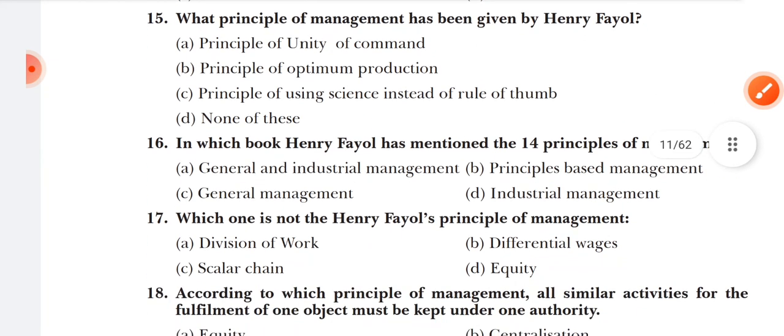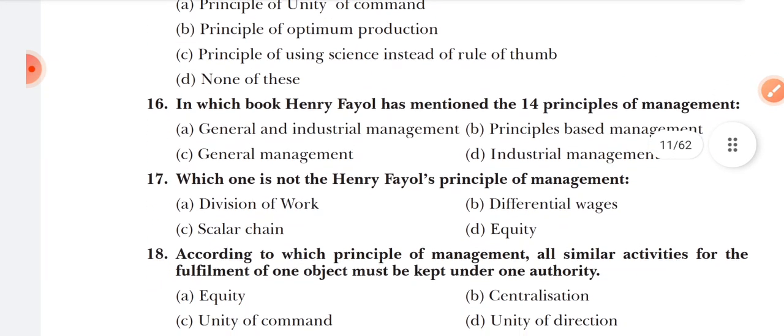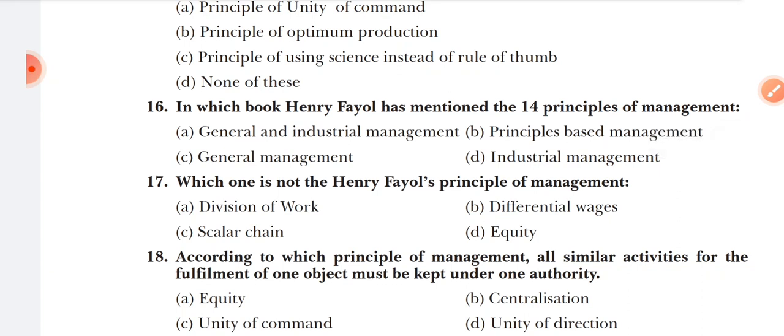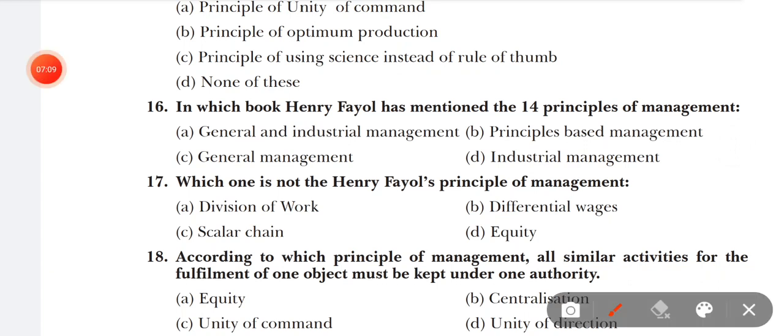Now question 18. According to which principle of management must all similar activities for the fulfillment of one objective be kept under one authority? And the correct option of this question is option D, unity of direction.